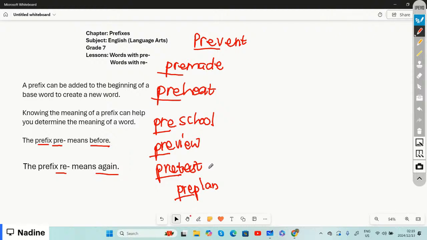All right. And now if we look at the words with re, that is the words with pre. But now if we look at the words with re, re means again, which means that whatever our sentences are going to be, the word again will play.